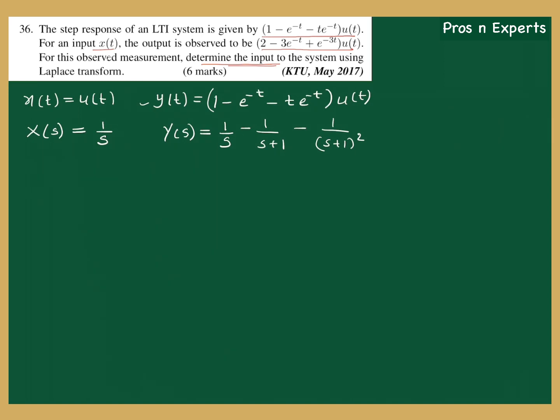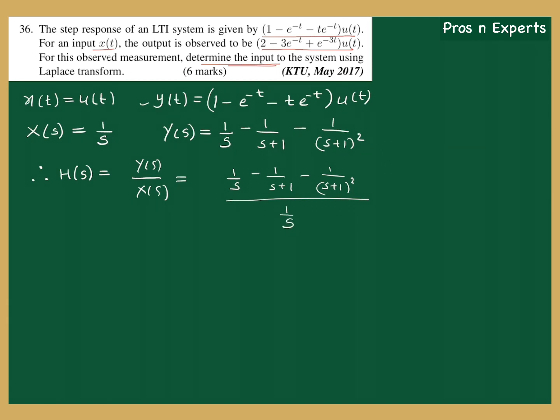Now with X(s) and Y(s), it is very simple to find H(s). H(s) is equal to the ratio of Y(s) and X(s). Y(s) by X(s) will give you [1/s - 1/(s+1) - 1/(s+1)^2] divided by X(s), which is 1 by s.